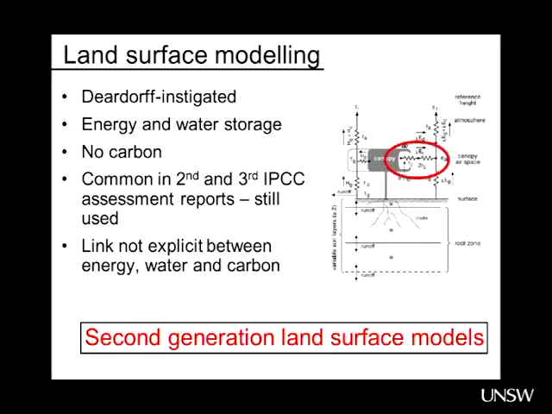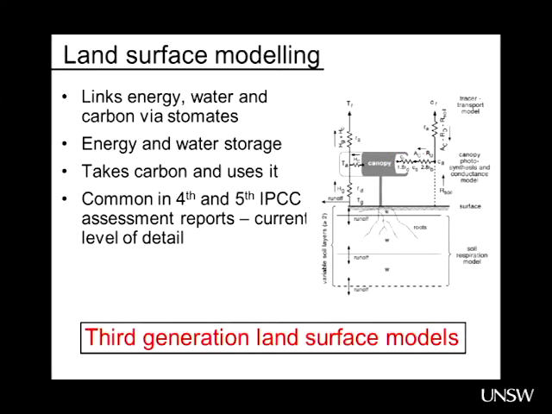And so we moved to a third generation land surface scheme, which is common in IPCC reports 4 and 5. It's still used. It does carbon. It also formally couples energy, water, and carbon in ways that plant ecophysiologists broadly accept as basically not completely stupid.